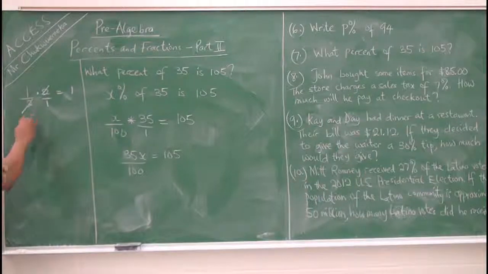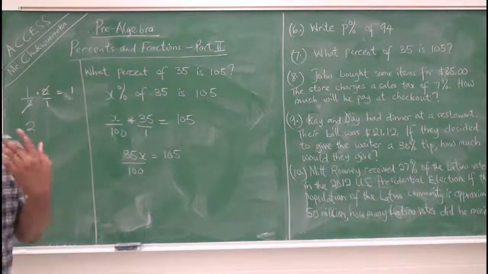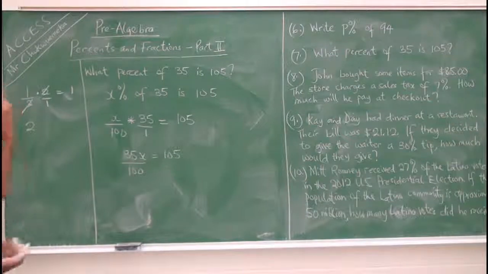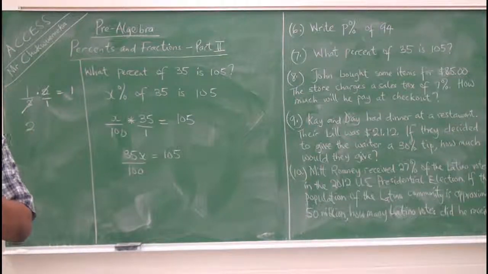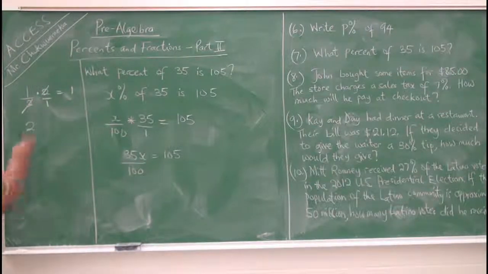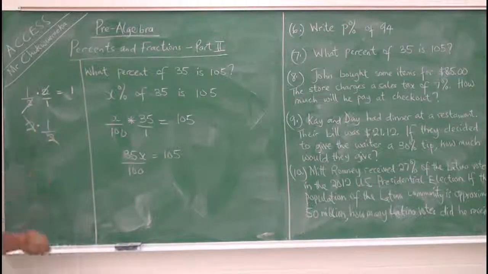If I have 2, what is the multiplicative inverse of 2? What am I going to multiply by 2 to give me 1? And that will be 1/2. So that 2 will divide 2 and you have 1.